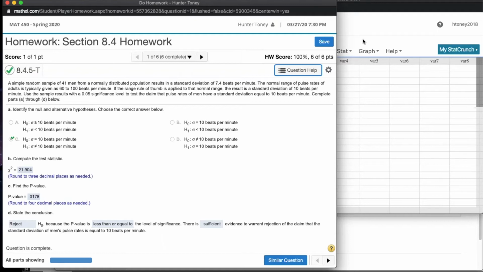So they say use the sample results with a 0.05 significance level to test the claim that pulse rates of men have a standard deviation equal to 10 beats per minute. So they gave you your definitive answer for how to phrase your hypotheses. And then they want us to complete parts A through D. So because they told us here that they want our pulse rates to be equal to 10 beats per minute, we're going to be looking for it's either equal to 10 beats per minute, or alternatively, it's not equal to 10 beats per minute.